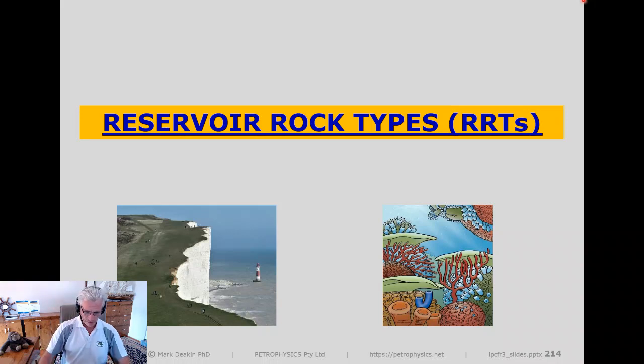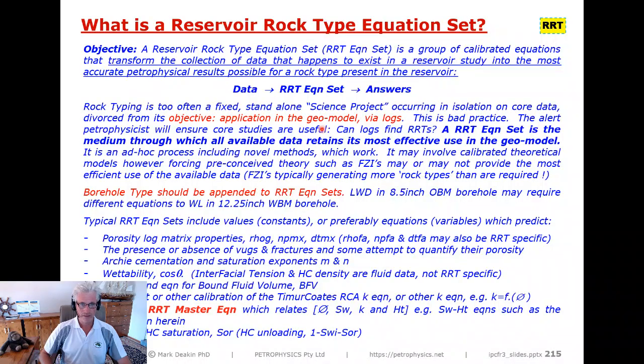Okay, so let's move on now. This is the objective then: a group of calibrated equations that transform the collection of data that happens to exist in a reservoir study into the most accurate petrophysical results possible for a rock type present in the reservoir. So it's always data, equation set, answers.